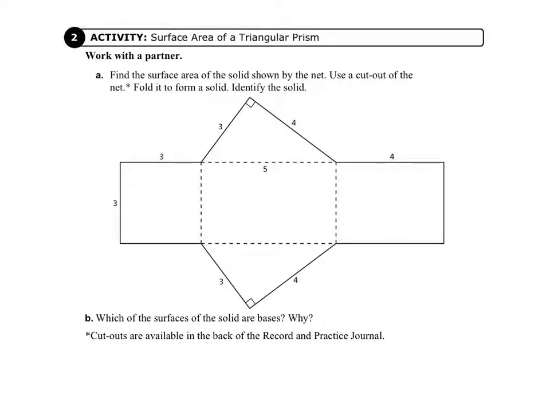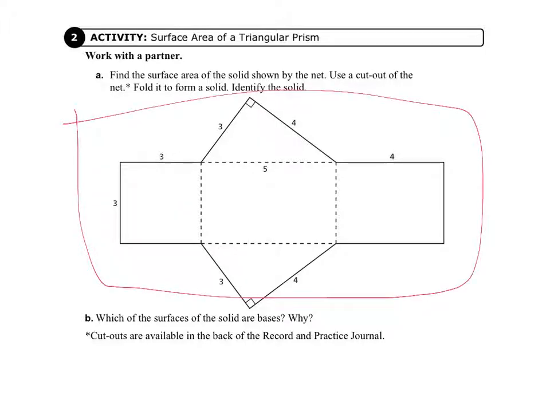The next activity we'll be doing in class. However, I want you to get started on it at home. So I have given you a net with this on it, and I want you to follow this second sentence and third sentence of directions, where it says use a cutout of the net and fold it to form a solid.